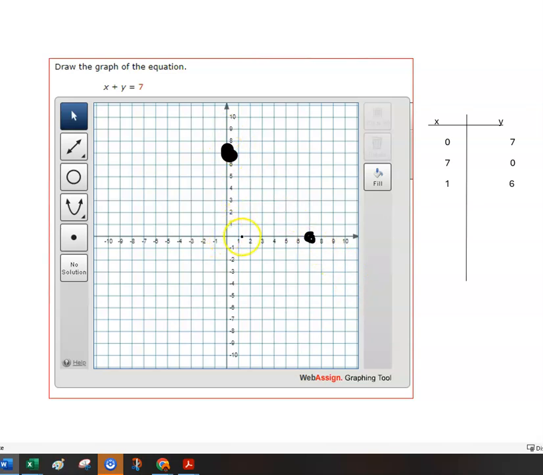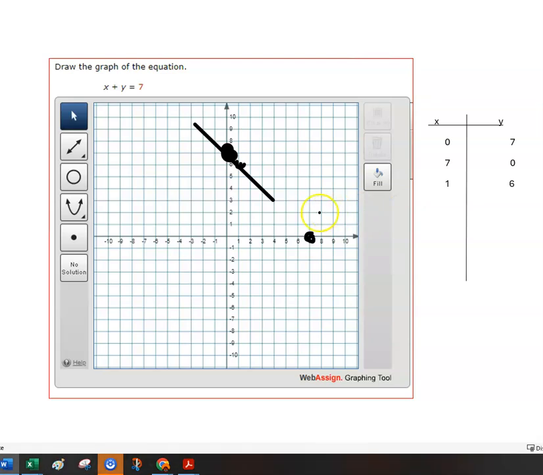So I'm going to go 1, 6, which is right there. And if I draw a straight line, which I'm doing an okay job with, it should go straight through. It didn't go all the way through, but you get the point. And sorry about that little glitch there.